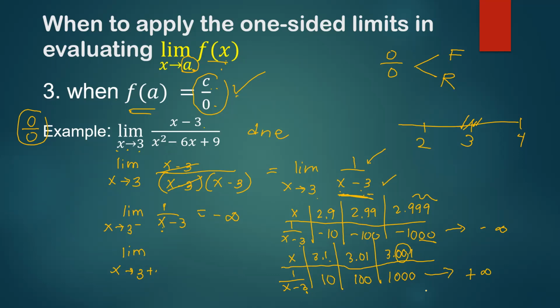It becomes 1 million, 1 billion, 1 trillion, 1 decillion, etc. So we say the limit of 1 over x minus 3 as x approaches 3 from the right is positive infinity. We will go back to this part as we discuss the infinite limits. So there, negative infinity and positive infinity.